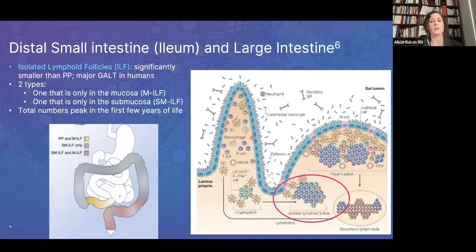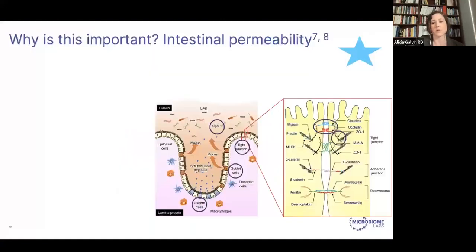So there's not quite the level of antigen sampling needed in the colon, versus the Peyer's patch, which is a much greater area with much more complexity and number of these various cells. So I just wanted to point out some of the differences between the small intestine and the large intestine. There's still definitely immune surveillance in the large intestine, and it's still absolutely very important. It's just that the number, or the size, is a little bit smaller.